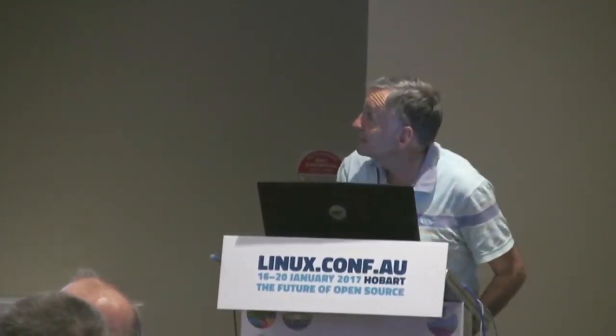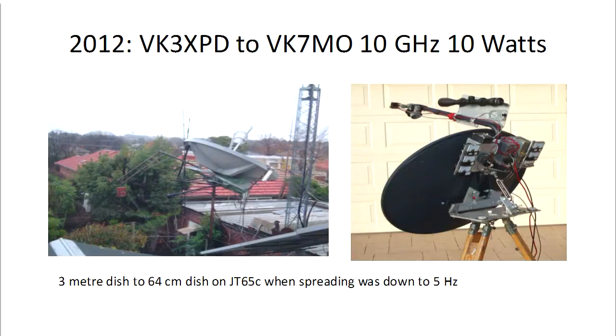Okay, now, first time I went up to 10 gigs, I was just using a little offset dish and doing some tests to see whether it would be possible with a guy named Alan, VK3XPD, who's in Victoria, and his dish is actually a 3-metre dish on the left-hand side.